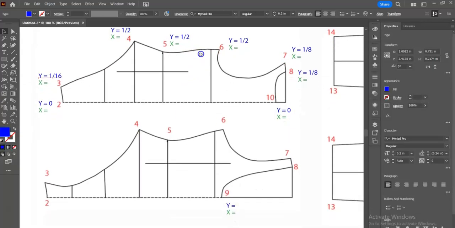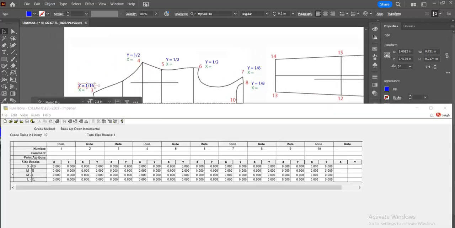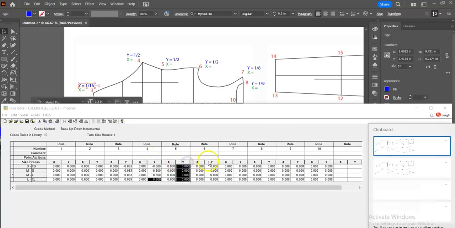So we now can go ahead and enter these Y values into our grade rule table. Okay. Let's see if I can do this on the same screen to be helpful. Okay, so my grade rule number 1 stays 0. My grade rule number 2 is 0 in the Y. My grade rule 3 in the Y is going to be negative 1/16, negative 1/16, positive 1/16, positive 1/16. My 4 rule will be negative 1/2, negative 1/2, positive 1/2, positive 1/2.